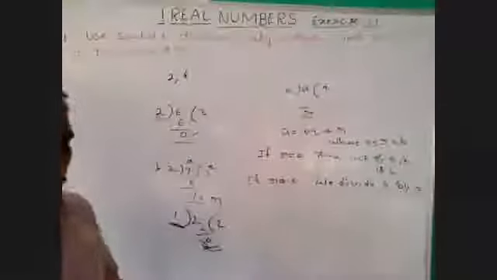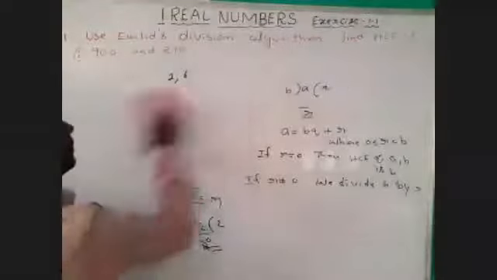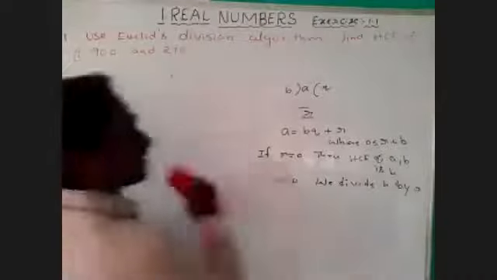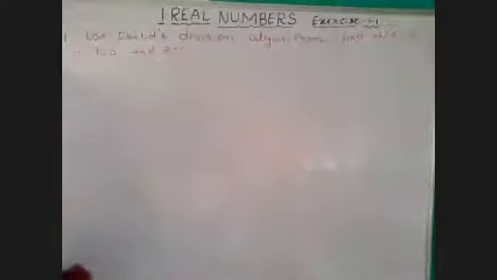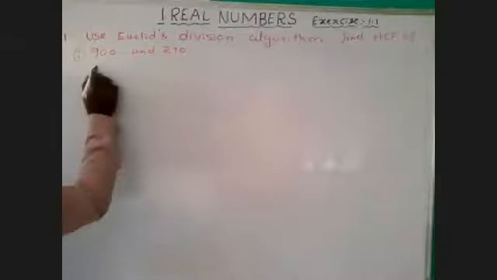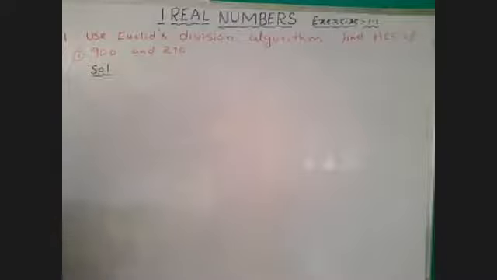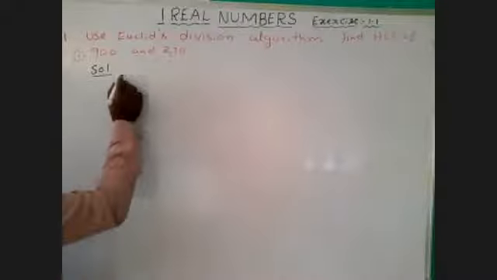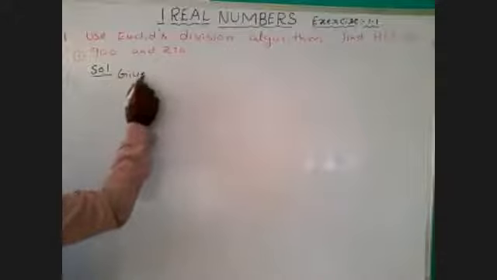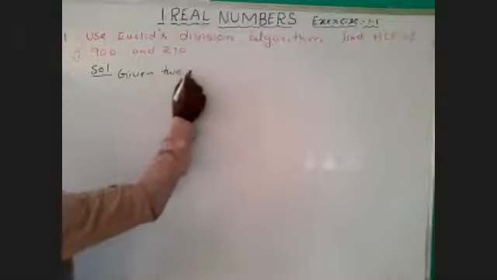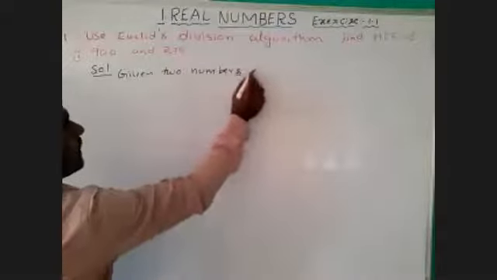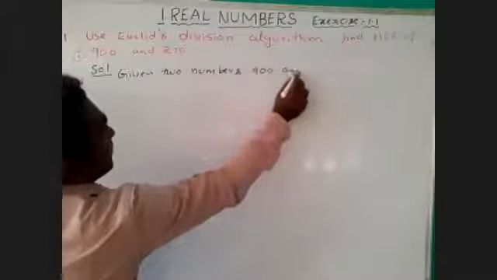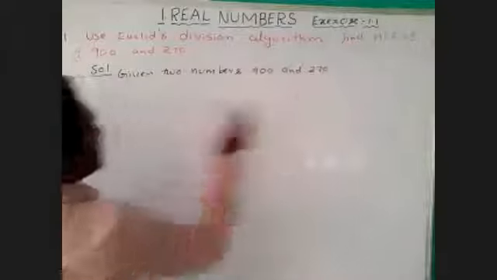So now the given two positive integers are 900 and 270. This is exercise 1, first problem: use Euclid division algorithm to find the HCF of 900 and 270. Solution. Given two numbers, 900 and 270.